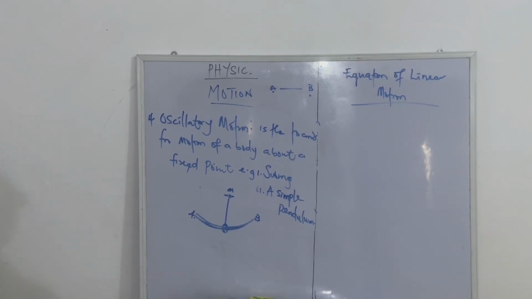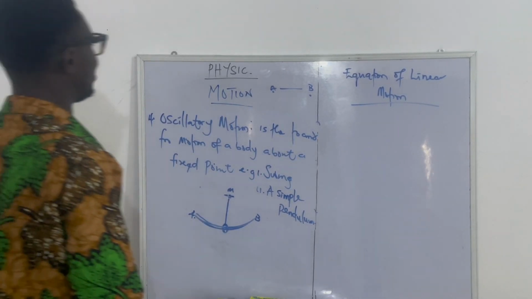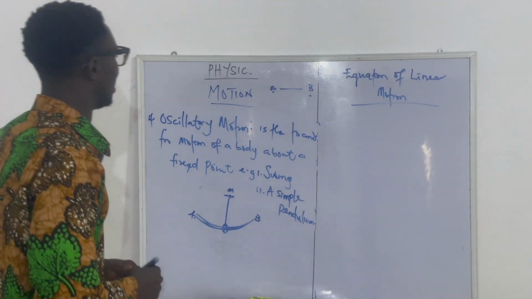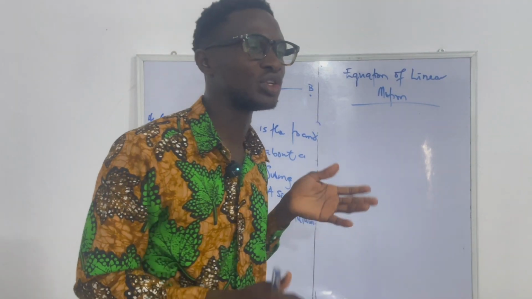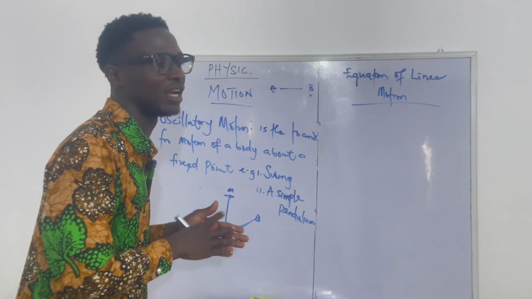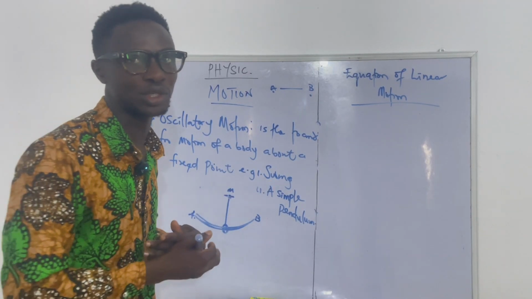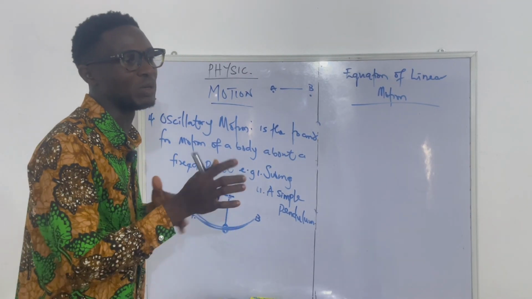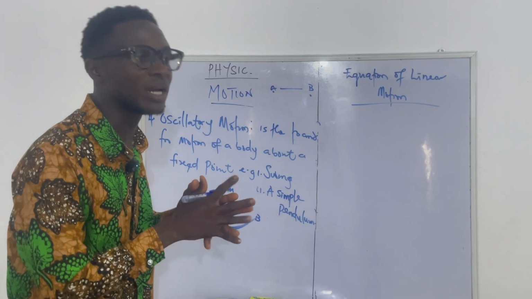Now we've talked about oscillatory motion, and we've talked about the combination of motion, bringing translational and rotational motion together. A typical example of that is a moving car.